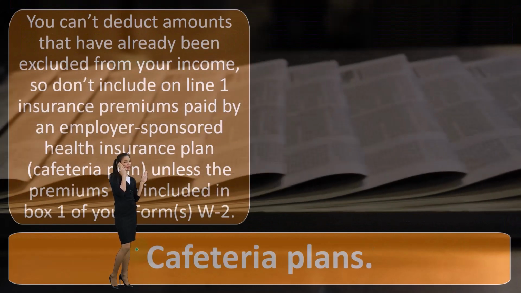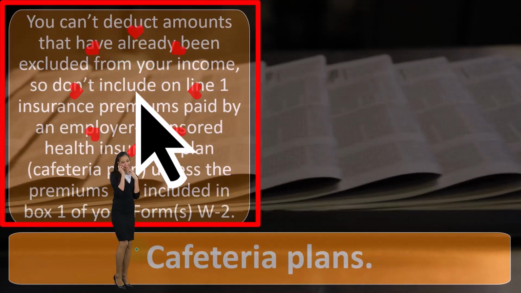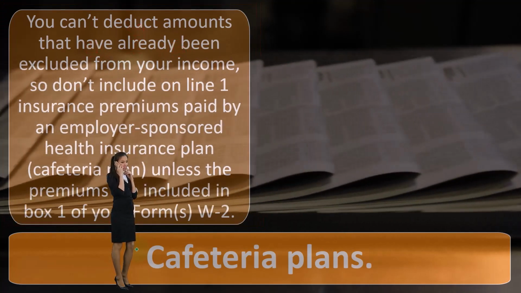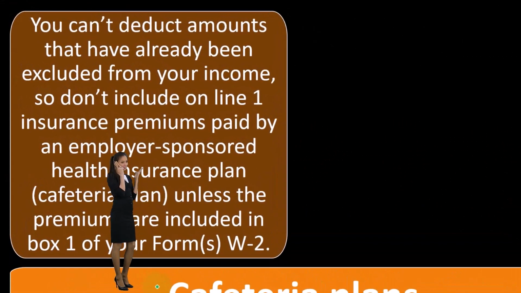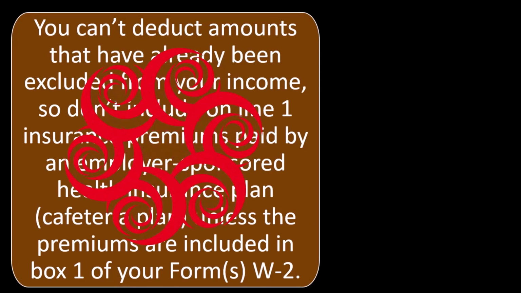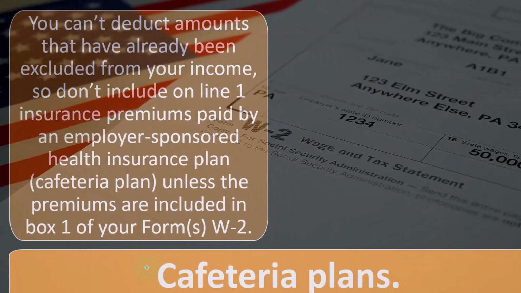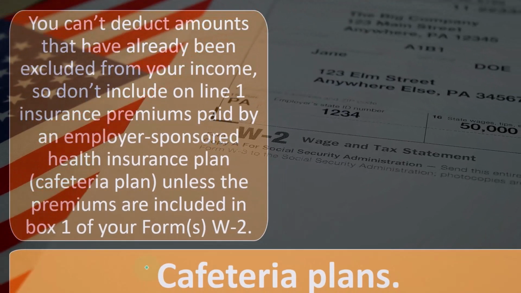So, cafeteria plan. You can't deduct amounts that have already been excluded from your income, so don't include on line 1 insurance premiums paid by an employer-sponsored health insurance plan, cafeteria plan, unless the premiums are included in box 1 of your Form W-2. In other words, a lot of the time the health insurance might be tied into your work.